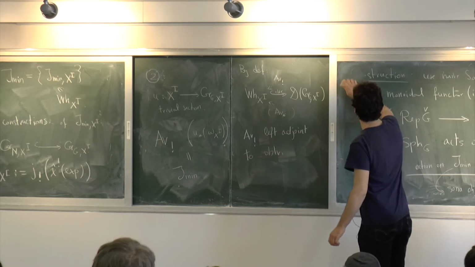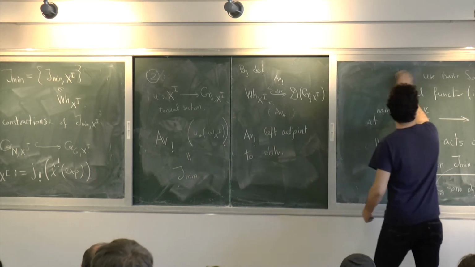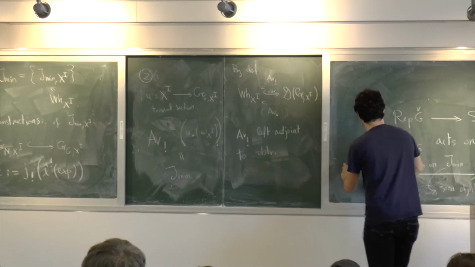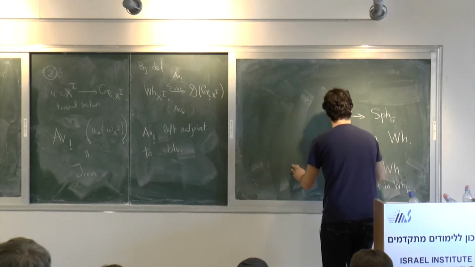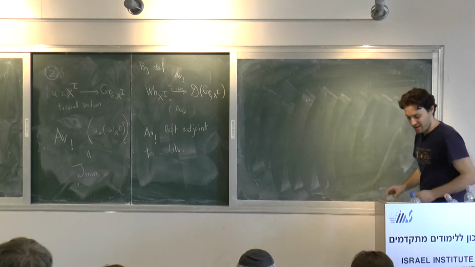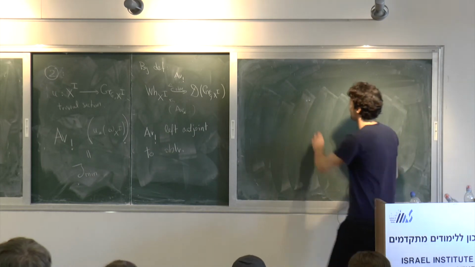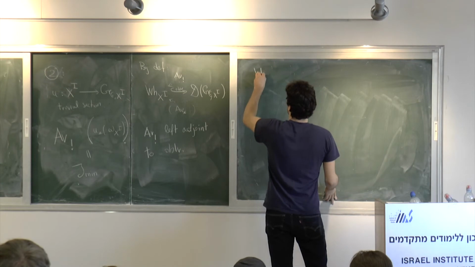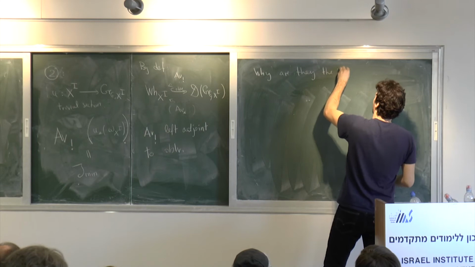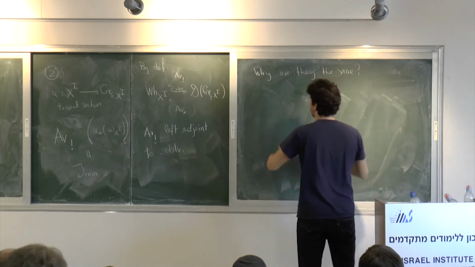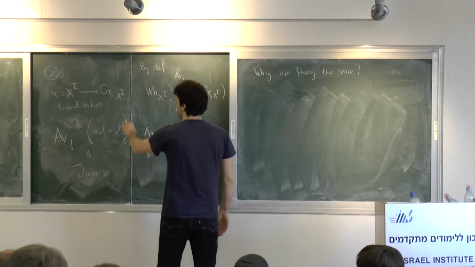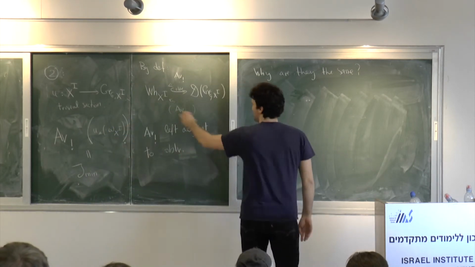Okay, so let me comment on why these two constructions give the same answer. I think it's okay to give a finite-dimensional toy model. So why are they the same? Let me say that in a finite-dimensional situation where I'm not relative to anything, here I'm relative to xi.